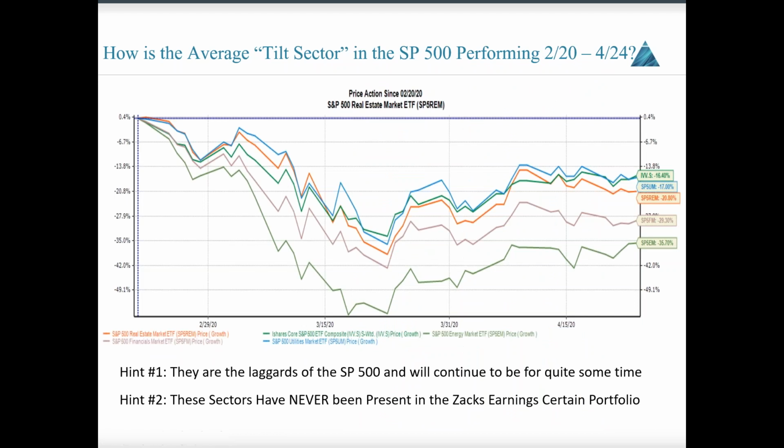Okay. Let's talk about the next area for tilt exposure. And I want everybody to be very clear, when I speak of tilt sectors, I'm speaking specifically of the tilt sectors that I remove from the earnings certain portfolio. These are sectors that I never have exposure to in a core equity portfolio, okay?